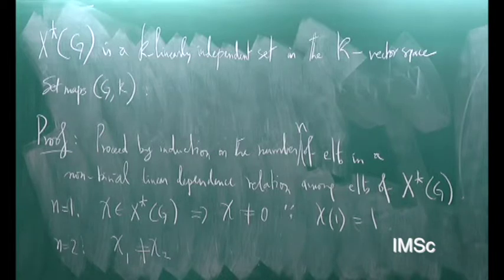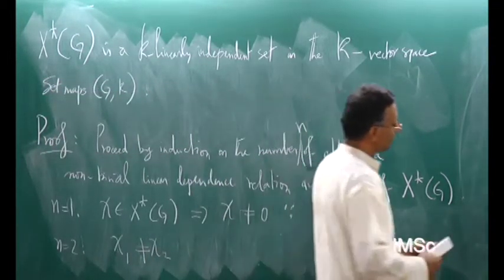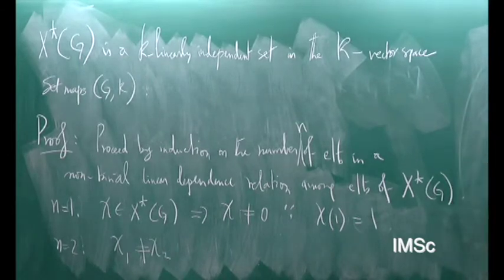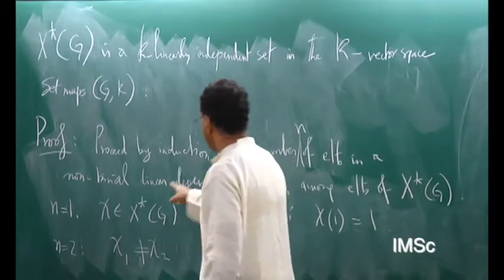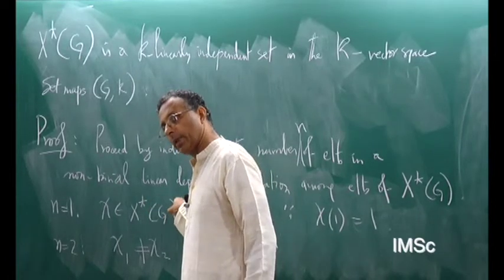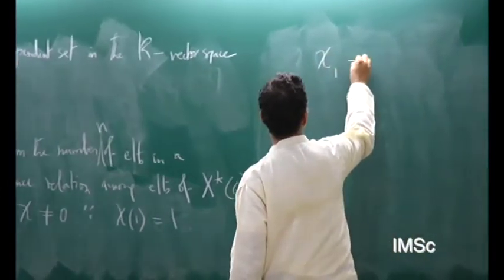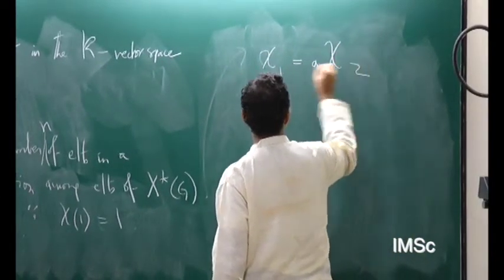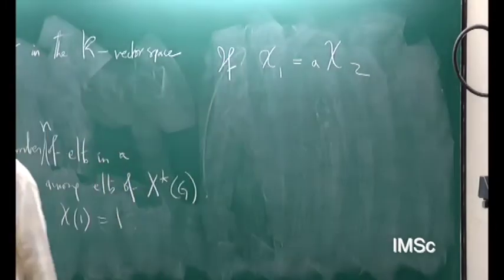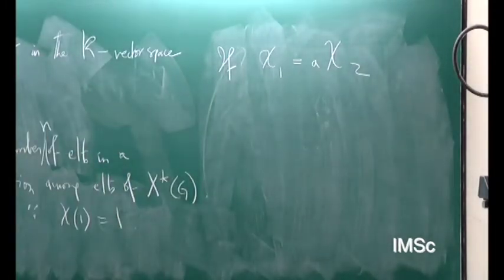So in a non-trivial relation, a1 chi 1 plus a2 chi 2 equals 0, both coefficients are non-zero, because if one of them is 0, then you are reduced to the previous case.